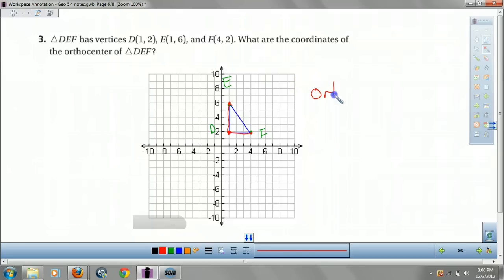Our orthocenter is point D, which equals 1, 2. Those right angles, those altitudes are built in with a right triangle. They're already there. It's going to be at the right angle because that's the right angle. Because you have your perpendicular through a vertex, perpendicular through a vertex.